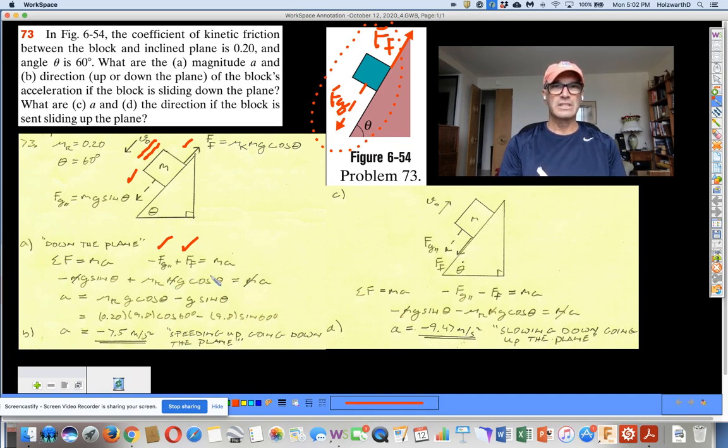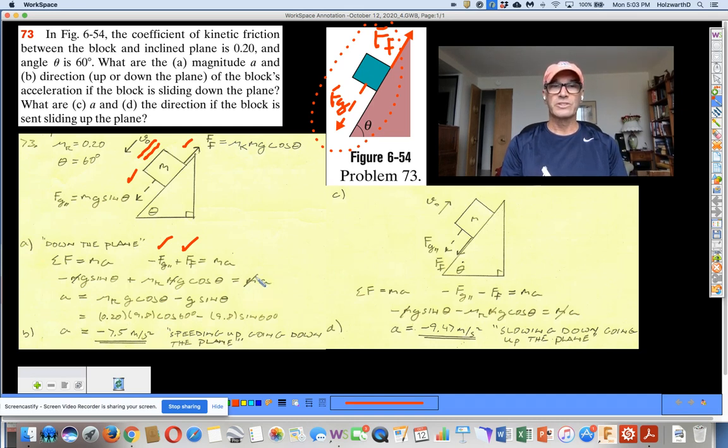Now, in some instances, I would put a negative sign because it indicates the direction of the acceleration. But in this case, we're going to be substituting values in, and we're going to let the left-hand side dictate what's negative and positive. So substituting mg sine theta for the parallel component of gravity with respect to the plane, and mu sub k mg cosine theta equal ma.